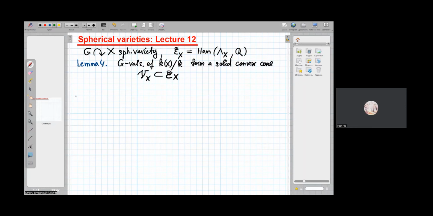So in the quasi-affine case, we describe this cone as follows. We consider the coordinate algebra of X, and we consider two irreducible submodules in the coordinate algebra with highest weights lambda and mu, any two irreducible submodules, and their product.